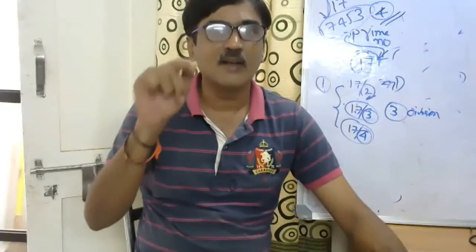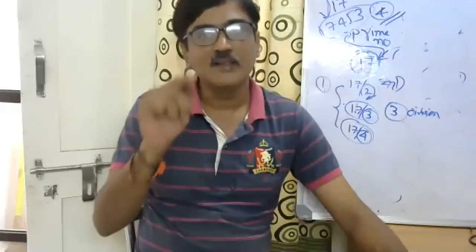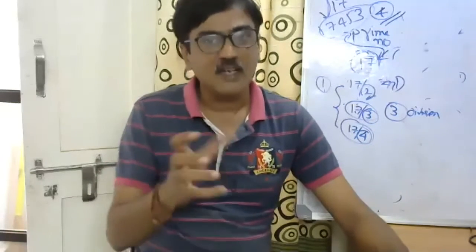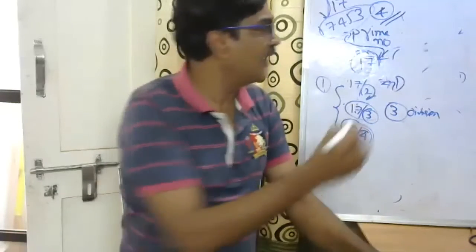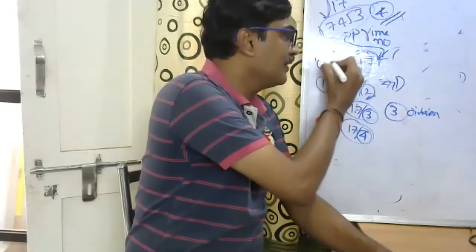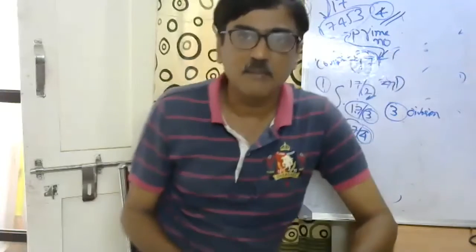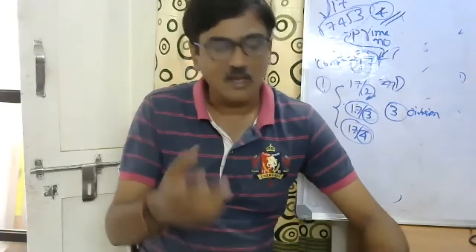So being computer science students, you should be able to look at this efficiency. This efficiency we refer to as time complexity. Time complexity is the amount of time taken by the computer to solve your problem.